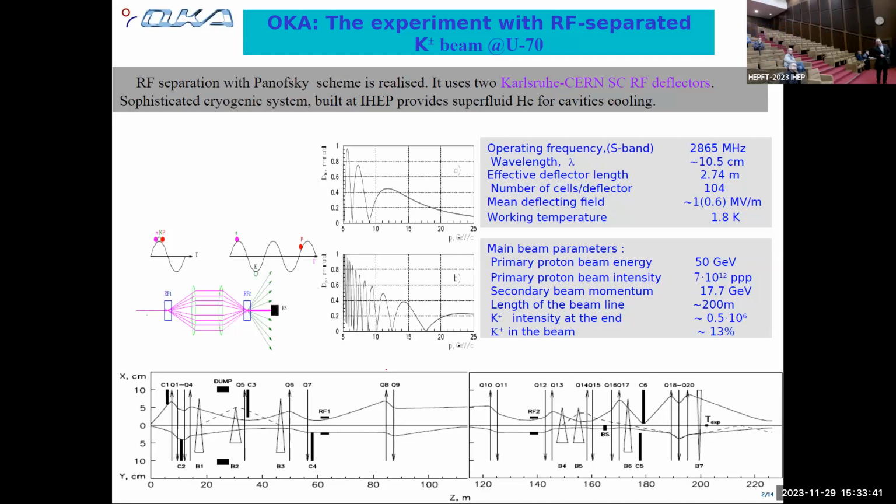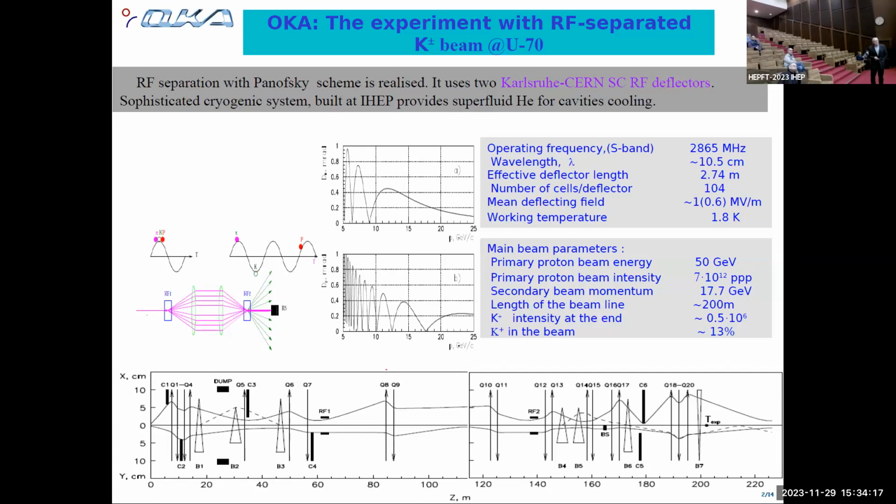And kaons, as they have different time of flight, do have deflection, and they bypass this absorber. This zero deflection for pion and proton happens at some momentum of the beam: around 10, around 13, and around 18 GeV. So we are working with the highest beam momentum.